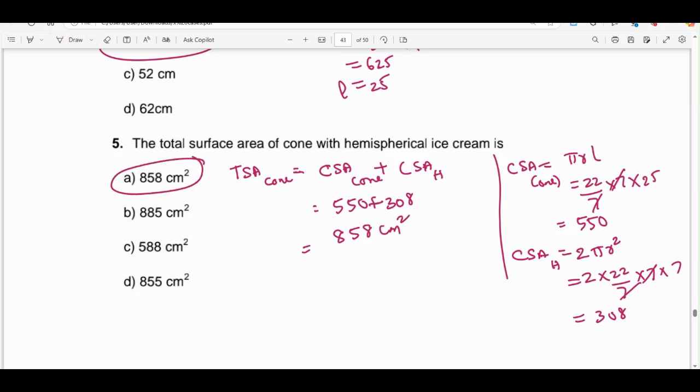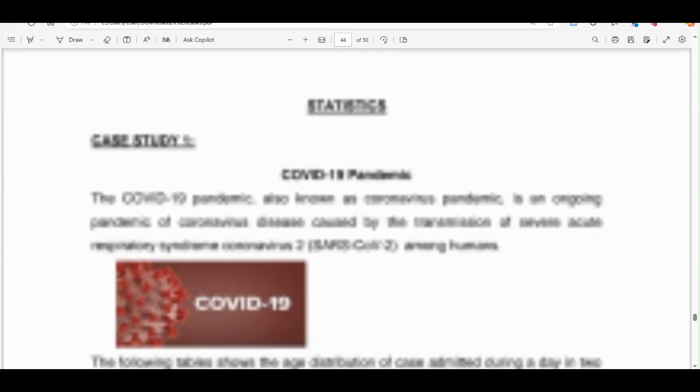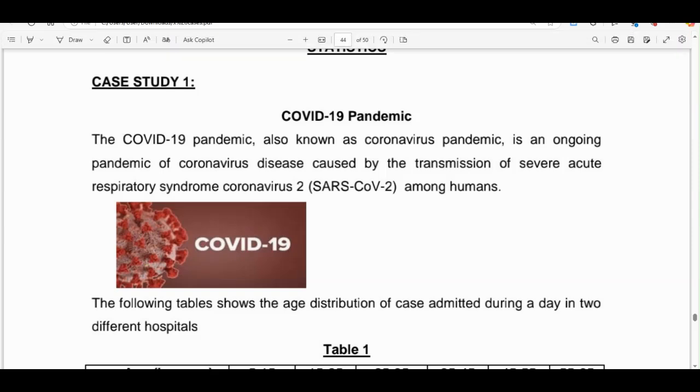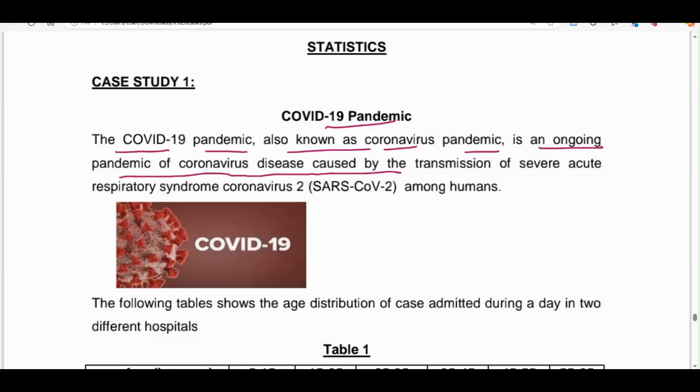So next, moving on with the next question, we have statistics. A case study of statistics, that will be COVID-19 pandemic. The COVID-19 pandemic, also known as the coronavirus pandemic, is an ongoing pandemic of coronavirus disease caused by the transmission of severe acute respiratory syndrome coronavirus 2, SARS-CoV-2, among humans.